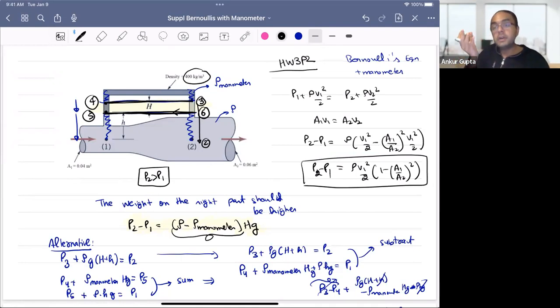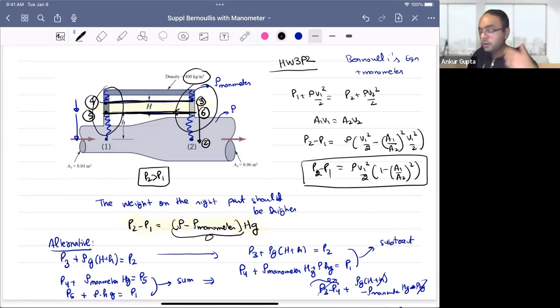Whenever you have the higher pressure, it needs to support more weight. So in this case, where there is a lower kinetic energy, it has to support more weight. So the right hand side will need to have more weight than the left hand side, and the difference between the weight is simply this one capital H column. You can use that to find the pressure difference.